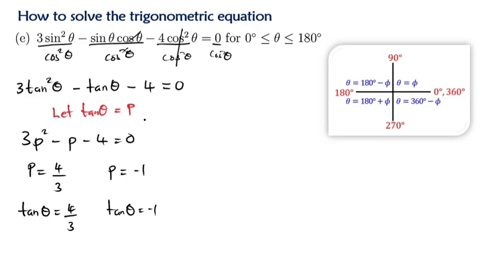So this is what we're going to do. We're going to start with that 4 over 3. I'll write it as tan phi is equals to 4 over 3. This means that phi is equals to the tan inverse of 4 over 3. So let's see what we get. Arctan of 4 over 3 is 53.1.